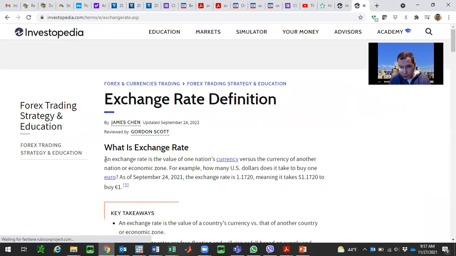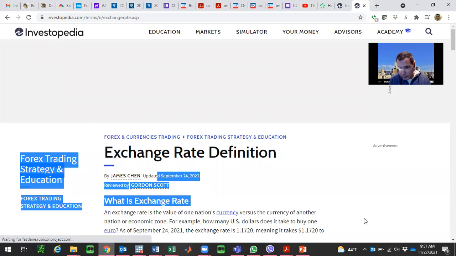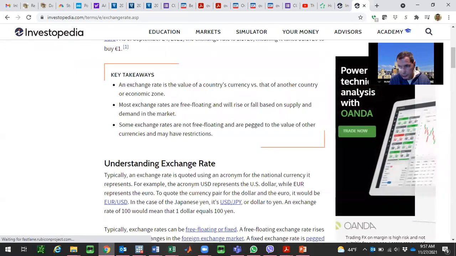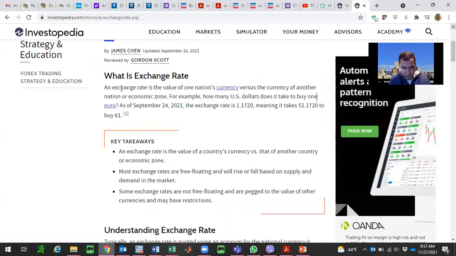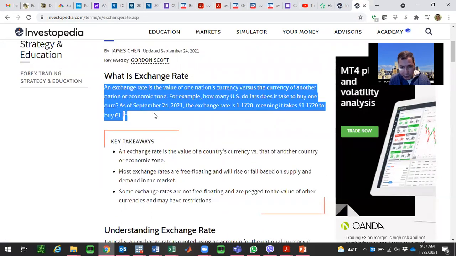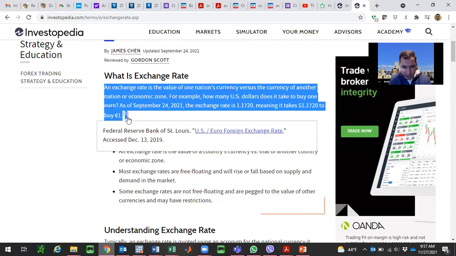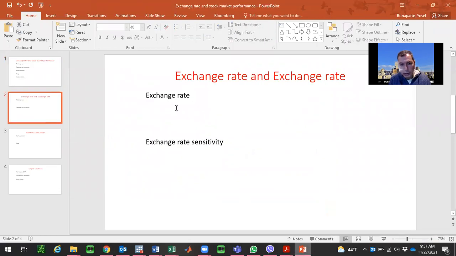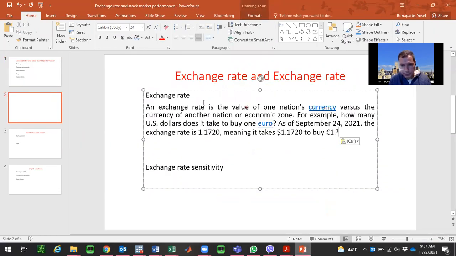So an exchange rate is a value for the currency. And here there's an example with the British pound. So that's a definition. An exchange rate is the value of one nation's currency versus the currency of another nation.